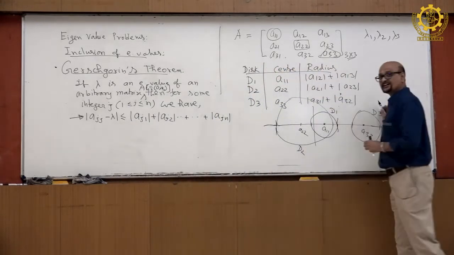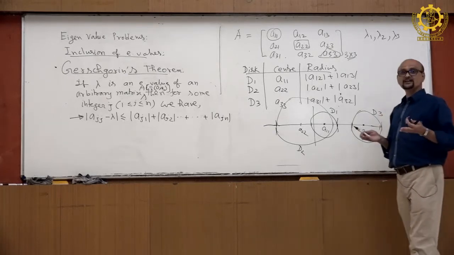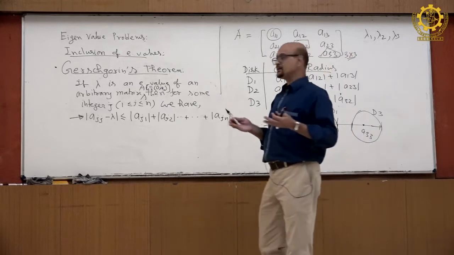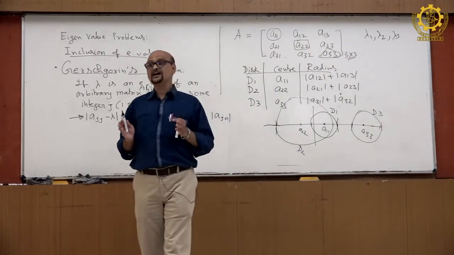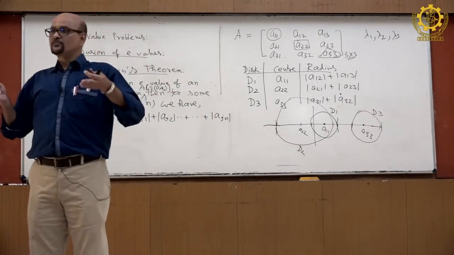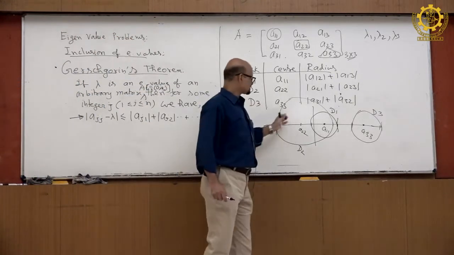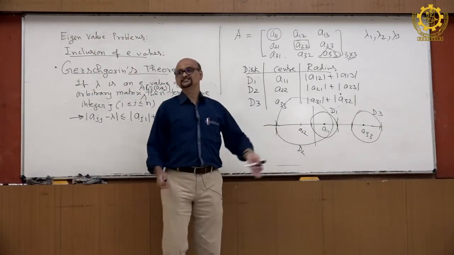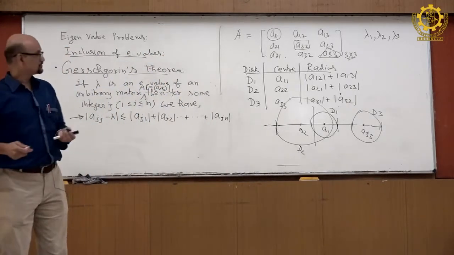For d3, the third eigenvalue will be from here to here. So, you are getting a bound depending upon the elements you are given. This gives an idea of where your eigenvalues will lie. If you make some mistake, you can say those are not in that bound or in that disk, so the solution may be wrong.